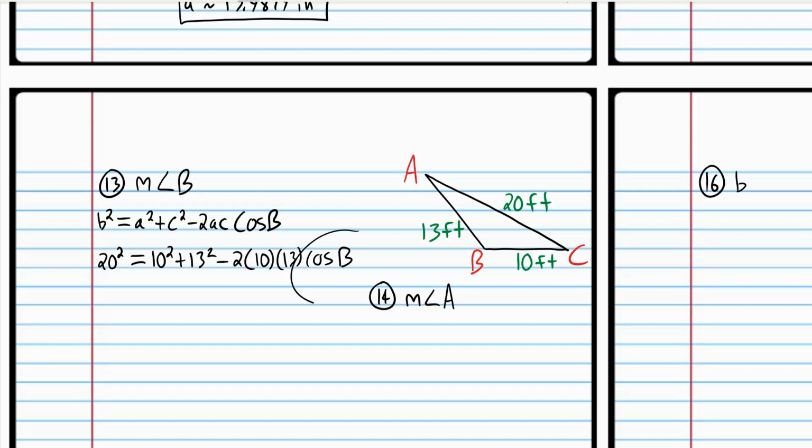The calculator is never going to give us the wrong angle when you're using the law of cosines.